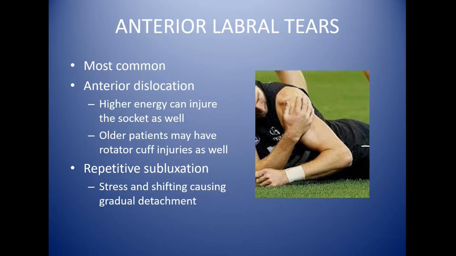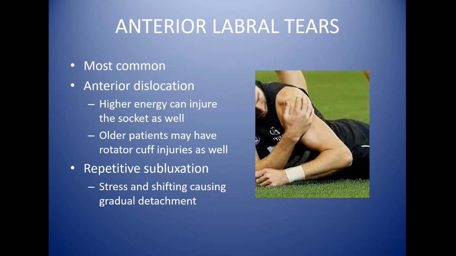So when people dislocate their shoulder, the ball pops out of the socket, sometimes just quickly and then pops back in again, or sometimes it pops out and stays out of the socket. Now, when that happens, you injure parts of the shoulder. You tear the labrum, so that's that bumper and that tethering point. And then if it comes out very violently or goes back in very violently, you can actually injure the bone of the shoulder as well.